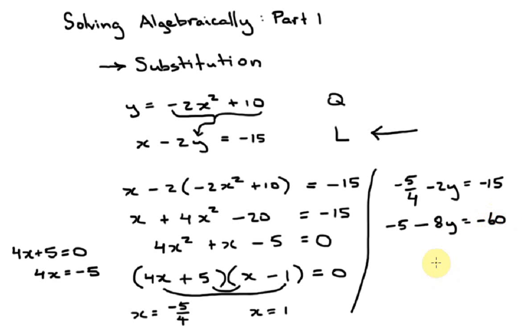I should have made it negative 4, but it doesn't matter. Let's add the 5 over. If I add 5 over, I get negative 55. And lastly, I'm going to divide by 8. So the y would be, and of course the negative divided by negative is positive. So one of my intersection points is an x value of negative 5/4 and a y value of 55/8.